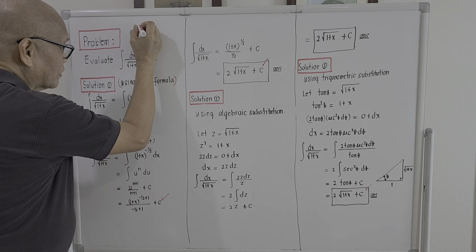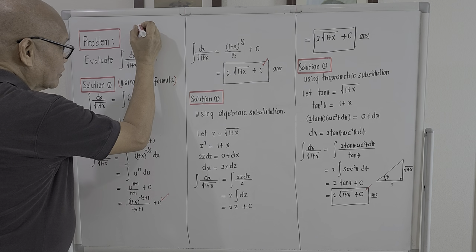These two are the same because the square root is actually that quantity raised to 1/2. If we raise this value to the numerator, the exponent now will be negative. So the original integral can be written as the integral of 1 plus x raised to negative 1/2 times dx.